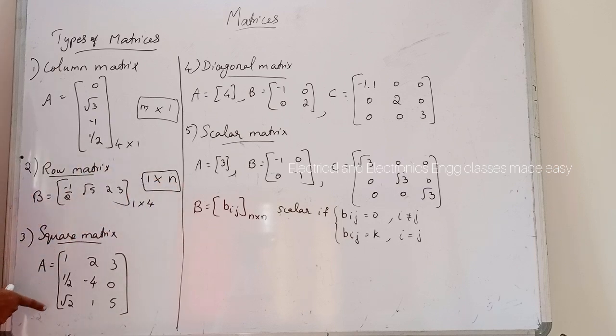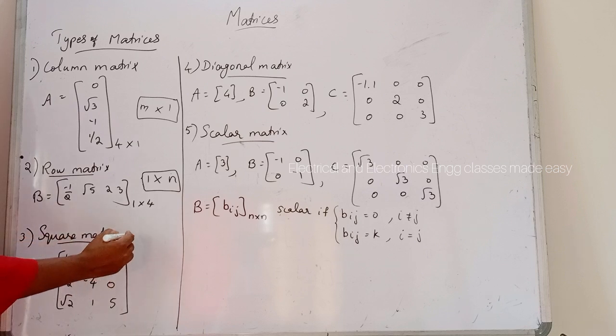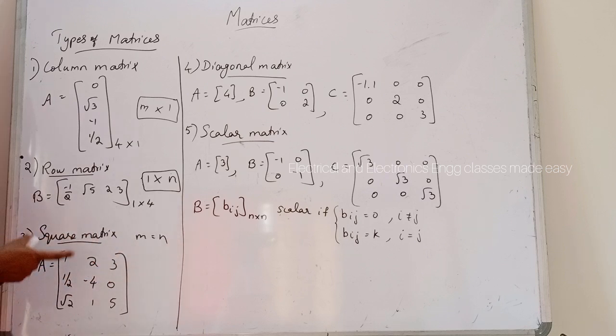Then next is square matrix. So what is a square matrix? A matrix in which the number of rows and the number of columns are equal is called a square matrix. That is, if m is equal to n, it is called a square matrix.